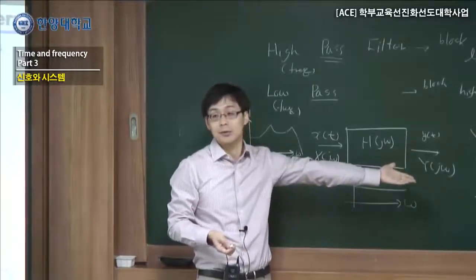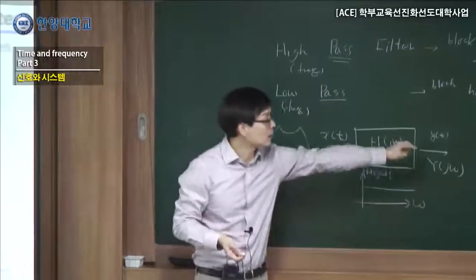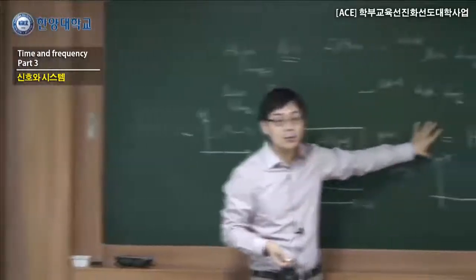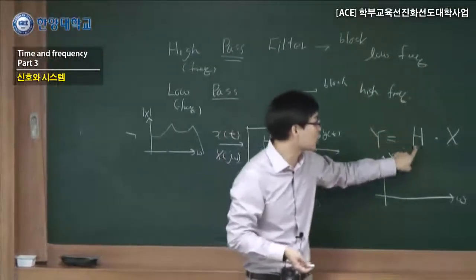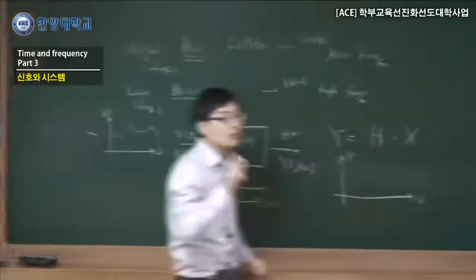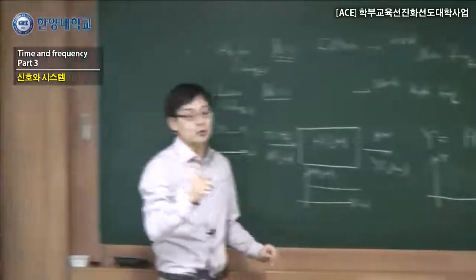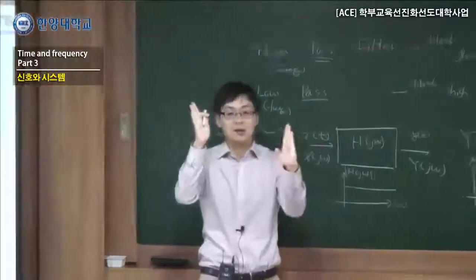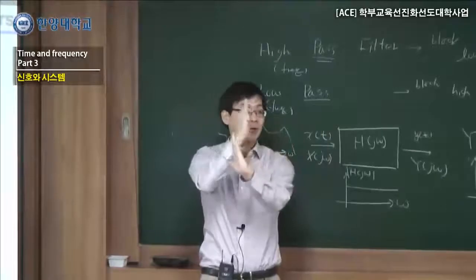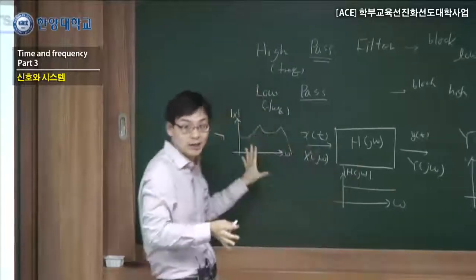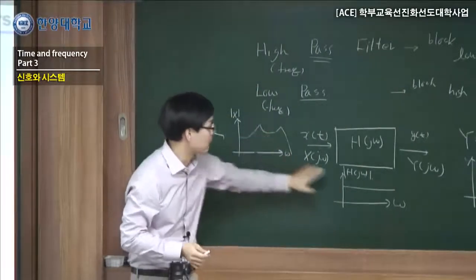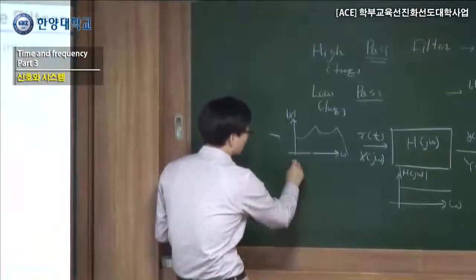Then what will be the output? Because as you can see in this equation, output is multiplication of H and X. If you remember the convolution, convolution is also what? Shift in time and multiply together and add them together. This is simpler than that. Just multiply this by this. So let's draw them together.